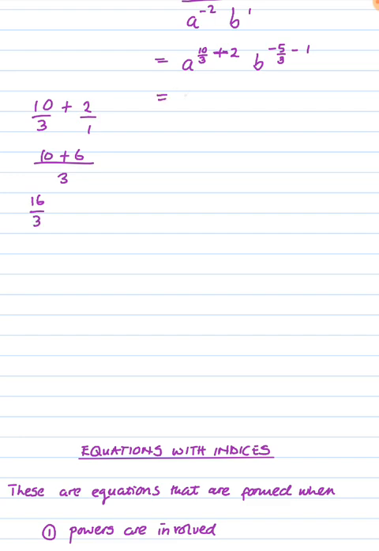So it becomes a to the power 16 over 3. Then b to the power of, then we simplify that one, minus 5 over 3 minus 1 over 1.